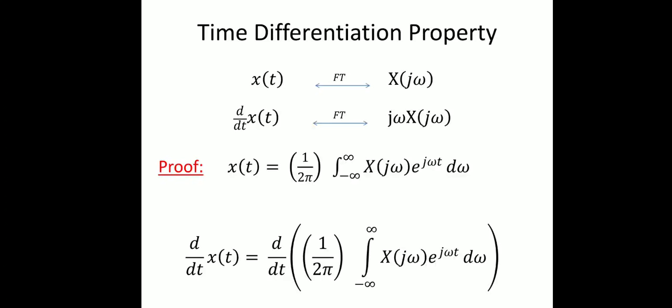The uppercase X is a function that represents a transform, a function of omega, and the complex sinusoid is a function of omega as well as t. On differentiating, it is like d by dx of e power ax, which will be a times e power ax. Here the value of a is j omega, and x is t.